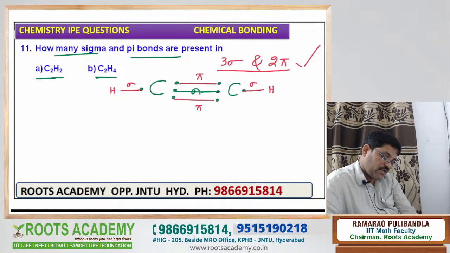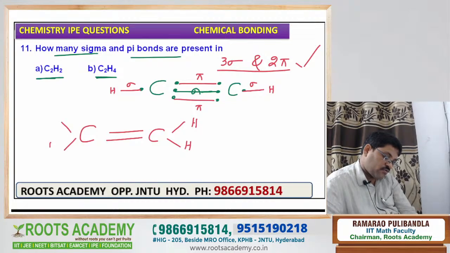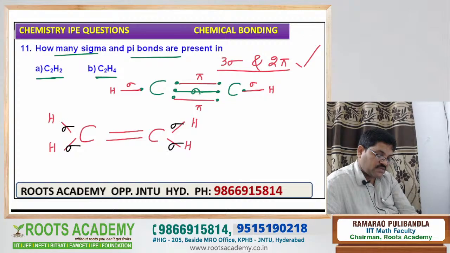Come to C2H4. Carbon valency is 4. A single bond is always sigma. A double bond means 1 sigma bond and 1 pi bond.